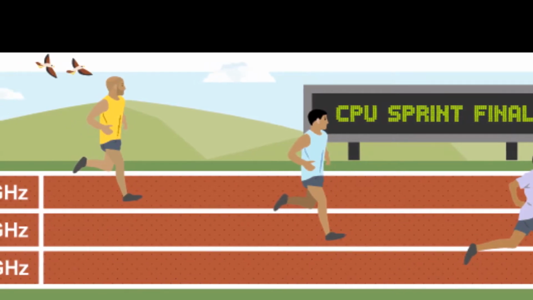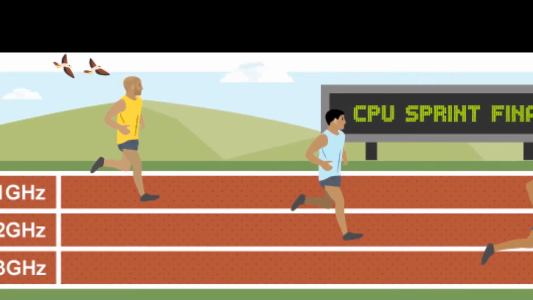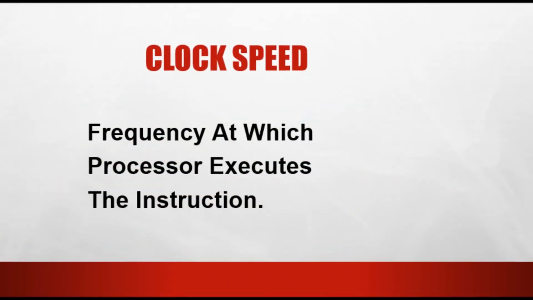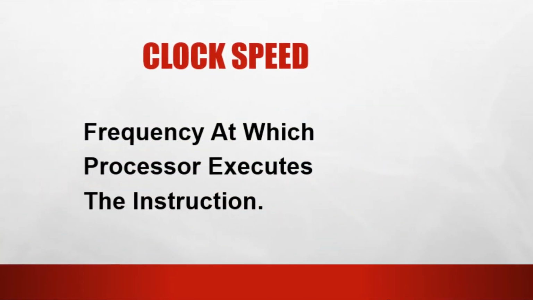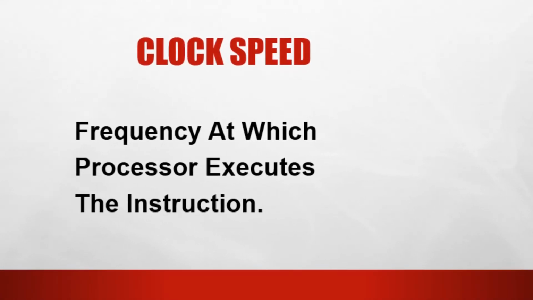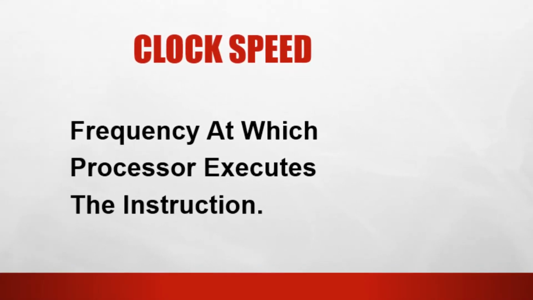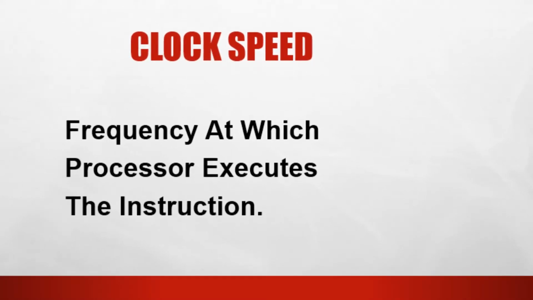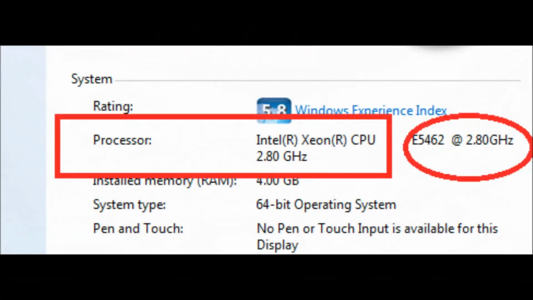I repeat, the speed at which the processor is executing, and this is called clock speed. It is defined as the frequency at which the processor executes instructions. It is usually expressed in megahertz and gigahertz.